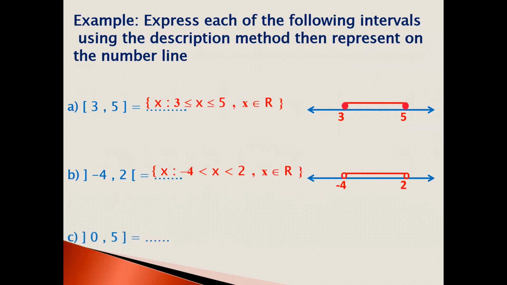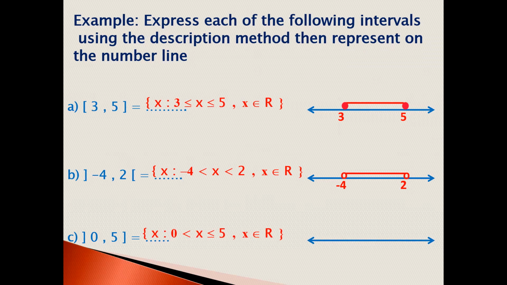Next, 0, 5. 0 is open, 5 is closed. So 0 is not included, but 5 is included. So I have here only "or equal" on one side. I'll put it as the set of x such that x belongs to R, x more than 0 only without "or equal", and less than or equal to 5, because 5 is included but 0 is not included.